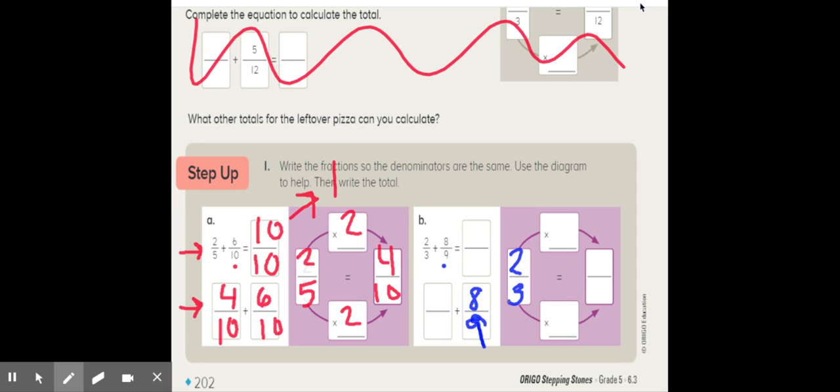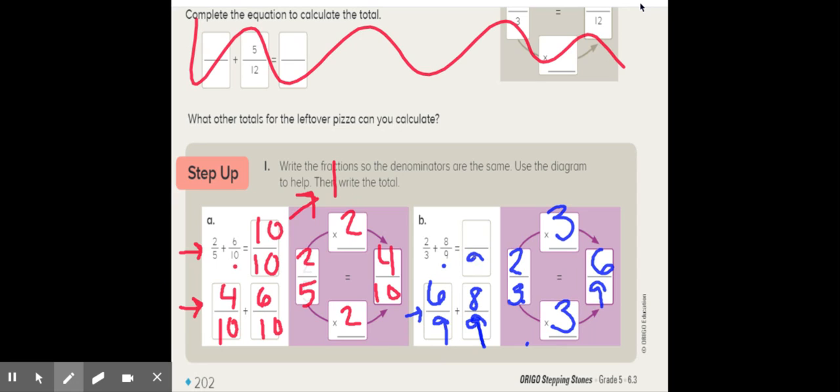And the 2/3 needs to change into 9ths so that I can add it to the 8/9. All right, the relationship here is going to be 3 times 3 makes 9. So I'll use that one up here. Times 3. 2 times 3 is 6. Now I can come back over here and replace the empty fraction that should be 2/3. I'm going to call it 6/9 instead. And then I can solve my problem.